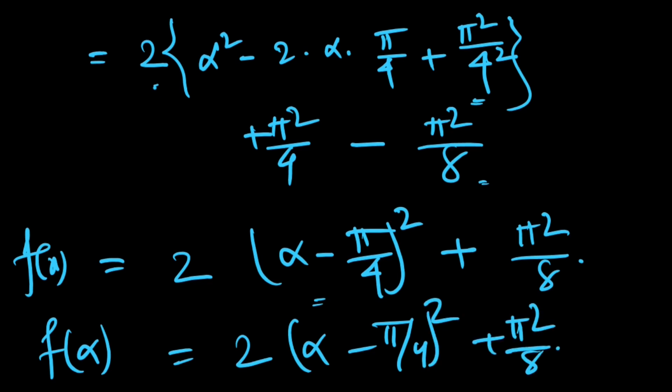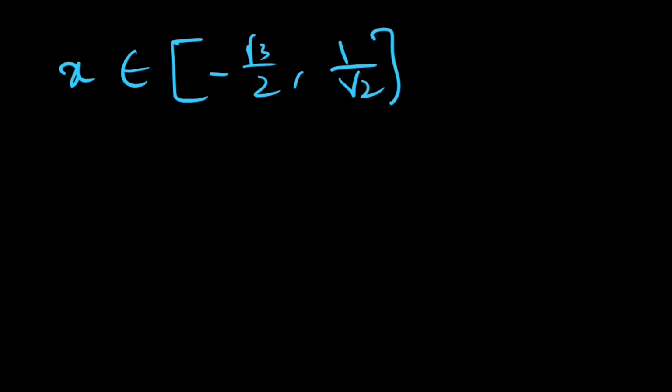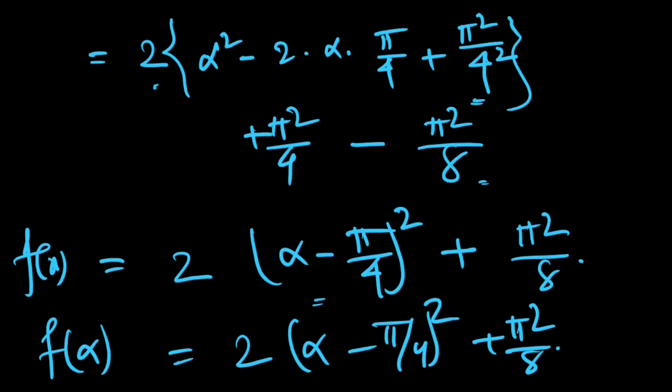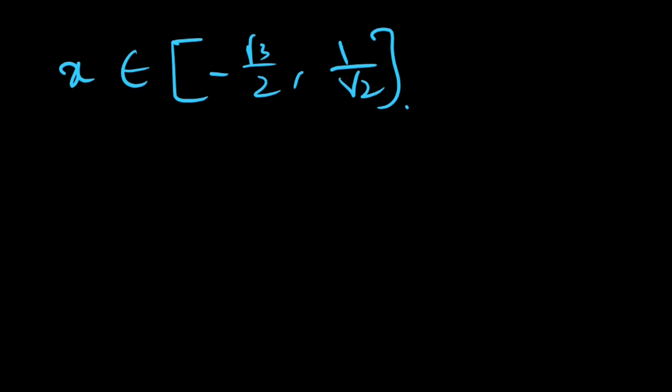Now it is given that x belongs to [-root 3 by 2, 1 over root 2]. Our expression is in alpha, that means alpha is sine inverse x, so we focus only on the sine inverse.